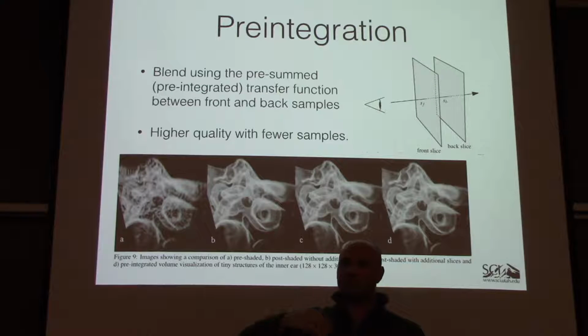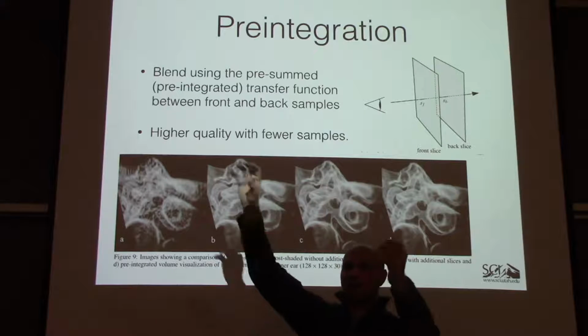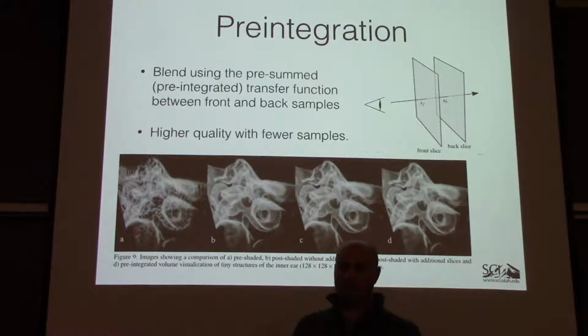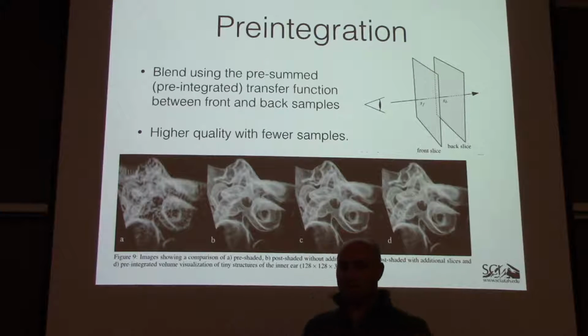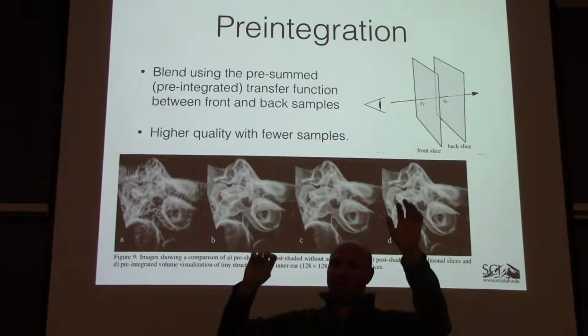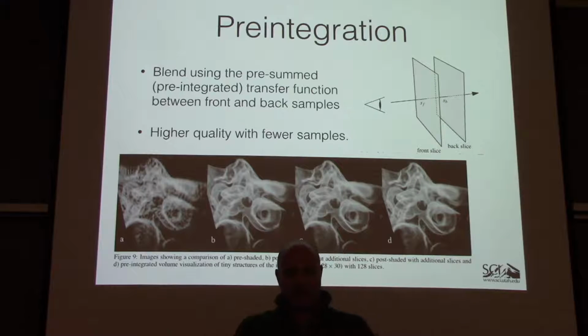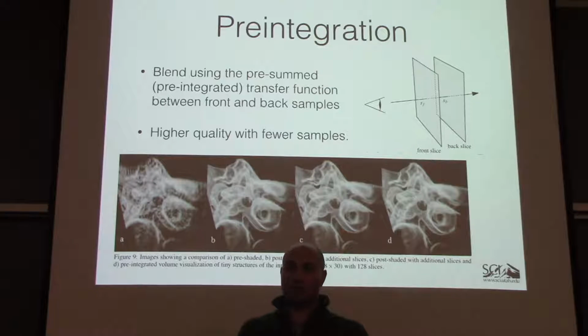And you can pre-integrate or pre-store that integrated color and opacity table into a 2D lookup table that you can then essentially query in between pairs of samples, in between a front and a back sample. And what this lets you do is it lets you achieve much, much higher quality with fewer samples, because you're sampling more accurately in the range space, in the transfer function domain, than you would otherwise.